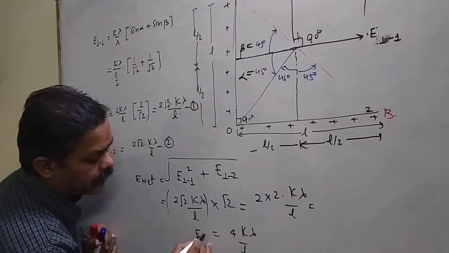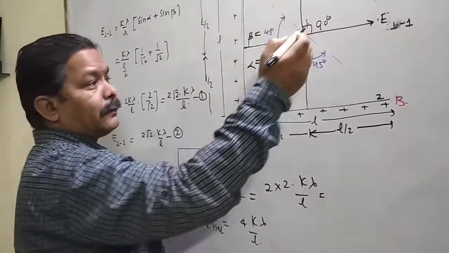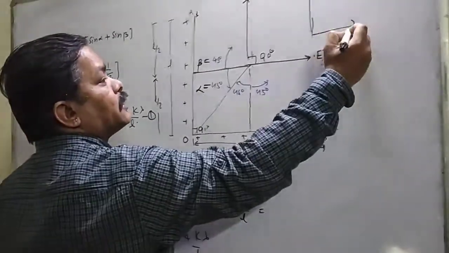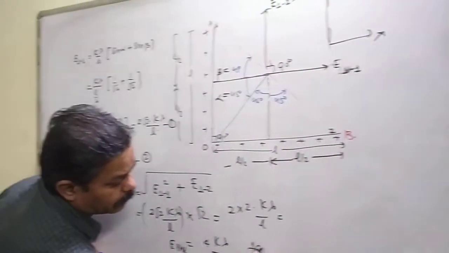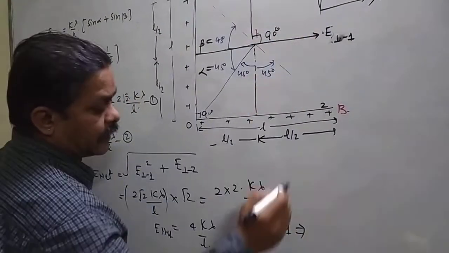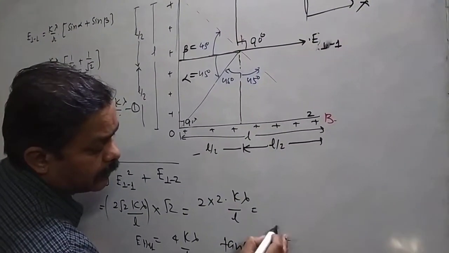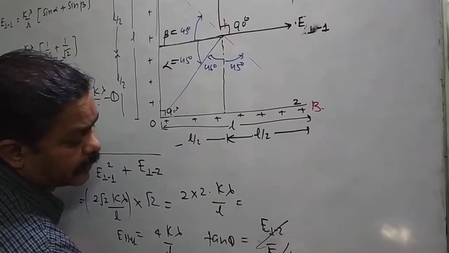This is the net electric field. For the angle of this electric field, suppose this is our X and this is our Y. Then tan theta equals E perpendicular 2 upon E perpendicular 1, which is 1 because these are equal in magnitude.